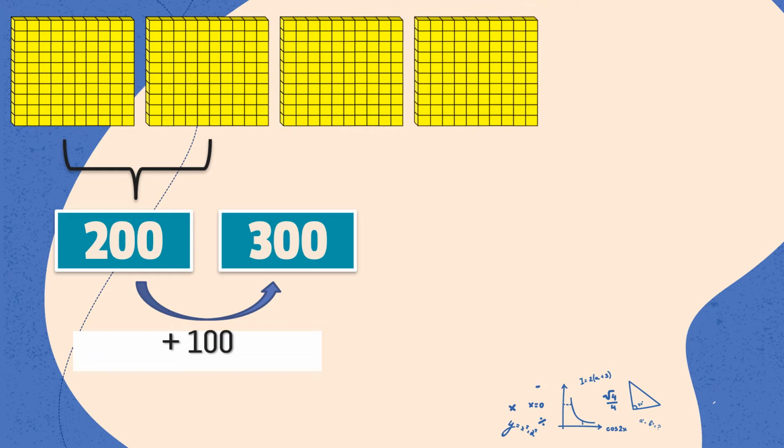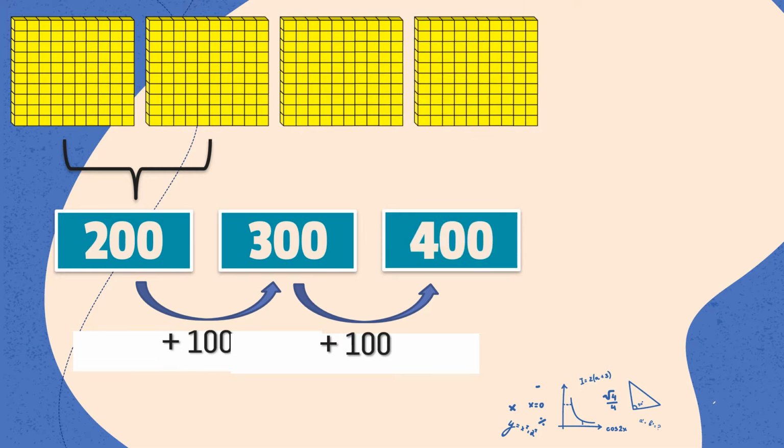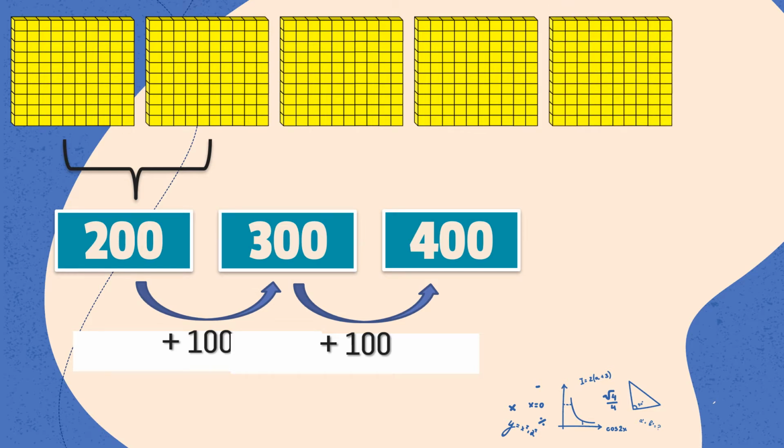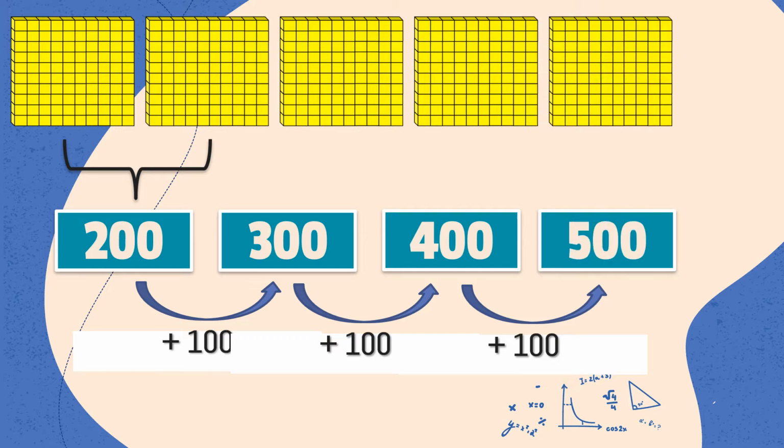Then we add more blocks of hundreds. That means we add 100 and become bigger, means become 400. And so on. We add another block of 100, means we add another hundred, become 500.